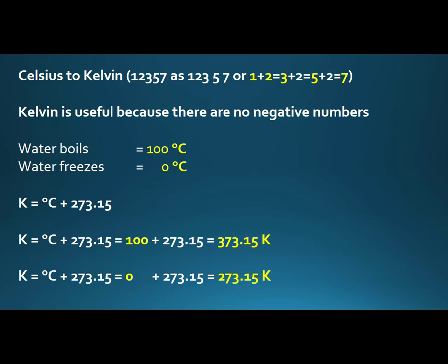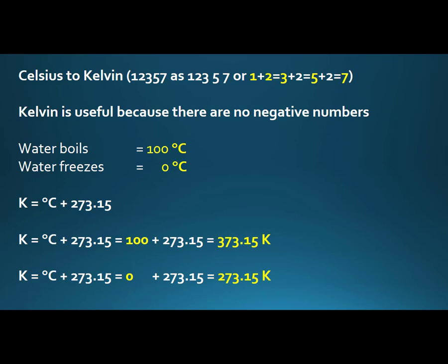Then slow down and say 5, 7. So 1, 2, 3, 5, 7. Or you can know that 1 plus 2 makes 3, plus 2 makes 5, plus 2 makes 7. And 1, 2, 3, 5, and 7 are the numbers in 273.15. Going through that process actually seems to put it in memory and make it available to you.